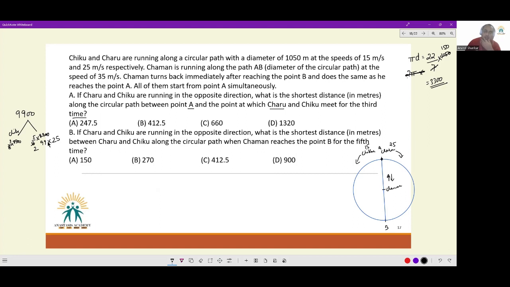So 125 into 99 I am getting, and here I will get 99 into 25, 75 into 99. 75 into 99 will be how much? 7500, 7425.